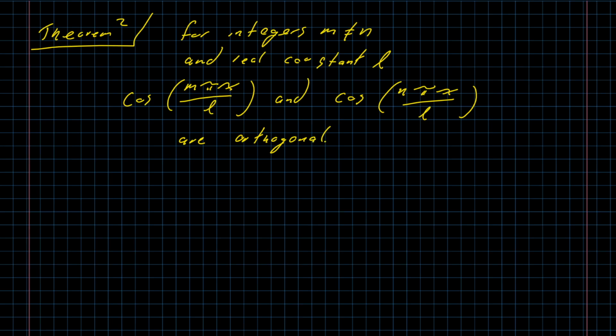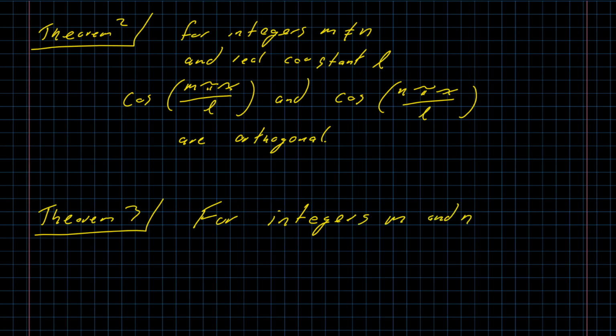If we use cosines instead of sines, we have the same result. Theorem 2 says that for integers m not equal to n and real constant L, cosine of m pi x over L and cosine of n pi x over L are orthogonal. And then theorem 3, notice in this case, we don't need that m not equal to n.